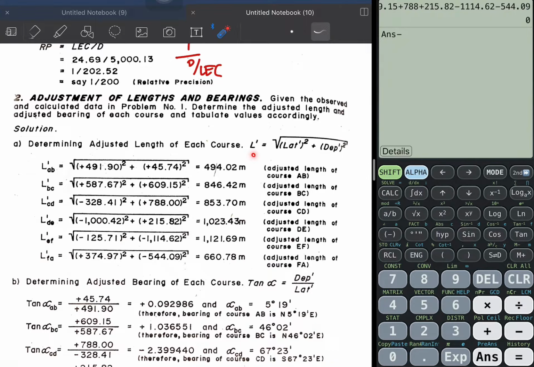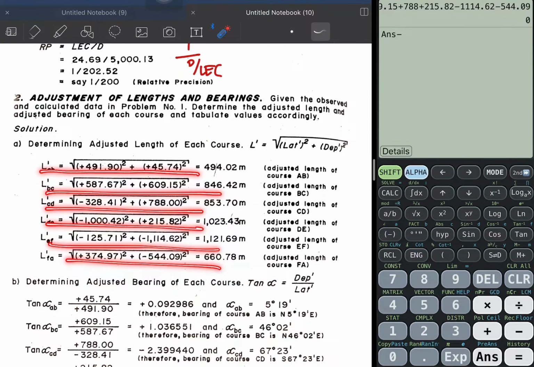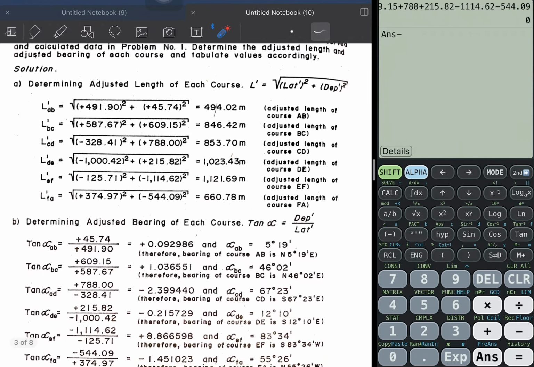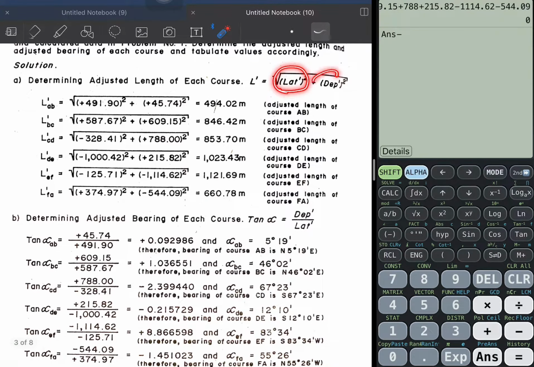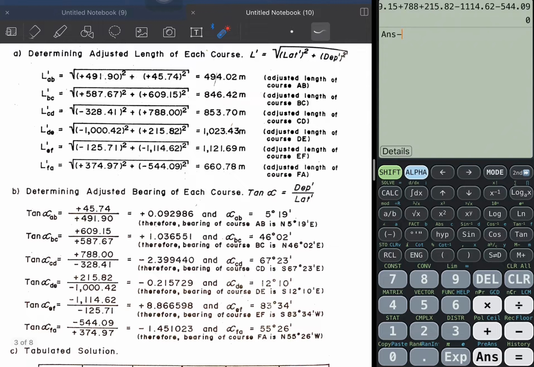From the formula, the adjusted length is equal to the square root of adjusted departure squared plus the adjusted latitude squared. Okay, so you have this computation. So refer to the tabulation for the adjusted latitude and departure, and also for the bearing.